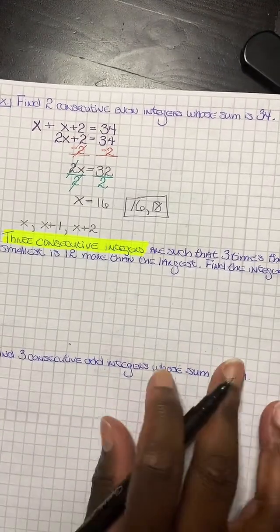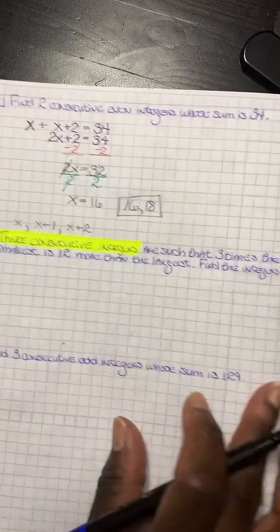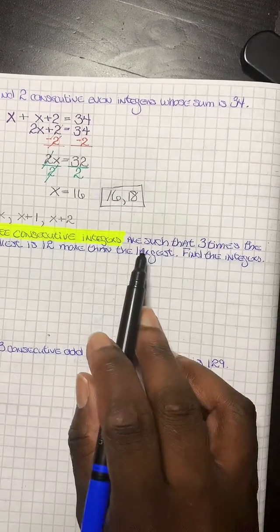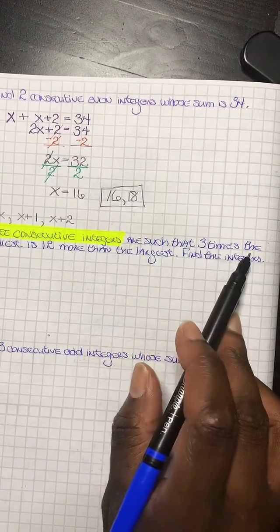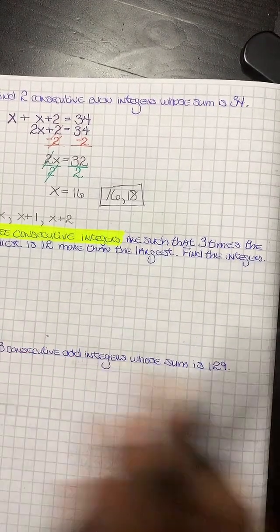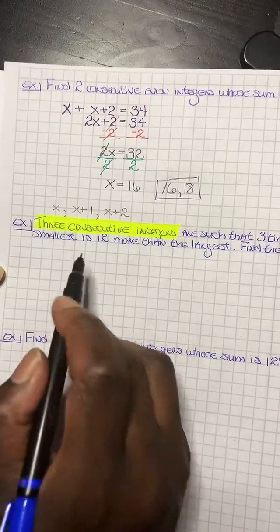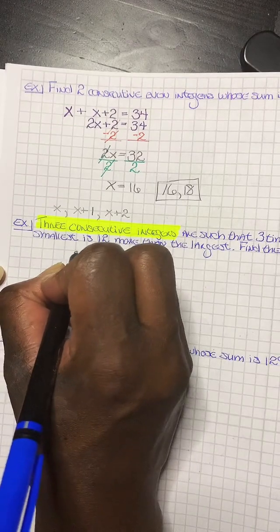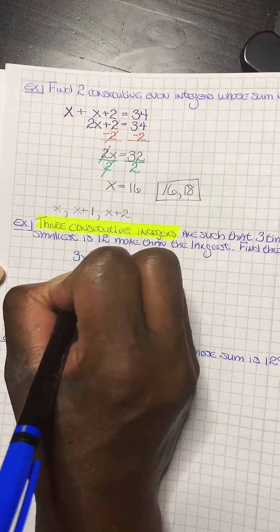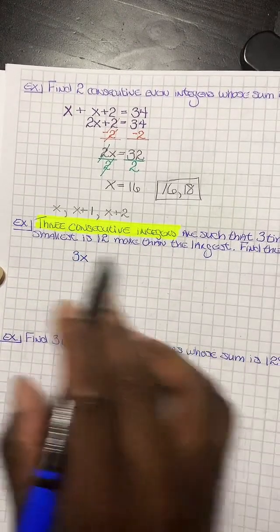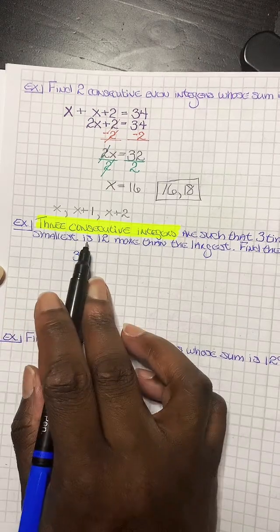Correct. Okay. So here's the difference here. They're saying 3 times the smallest. So the smallest number is x, so we're talking about 3x, because it's 3 times the smallest.